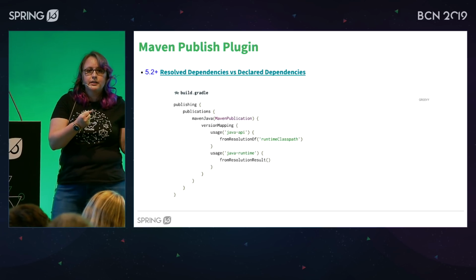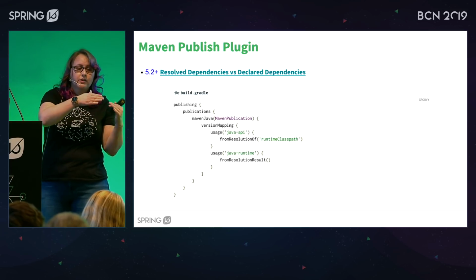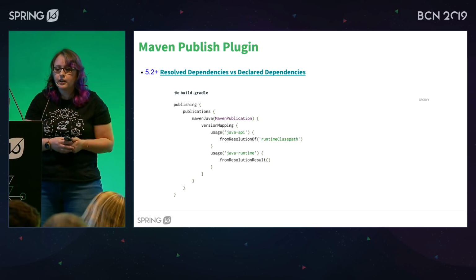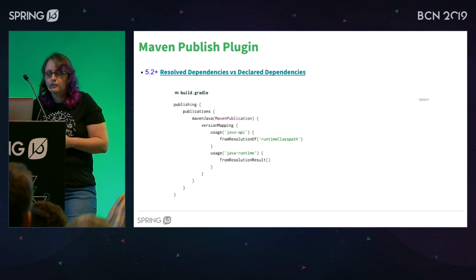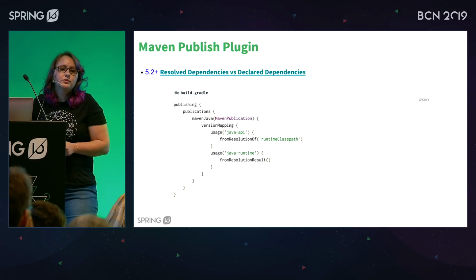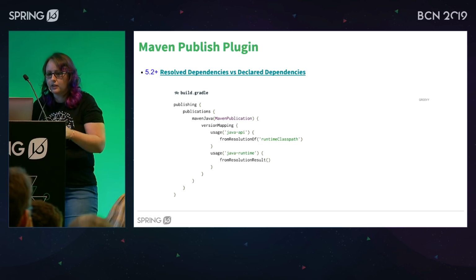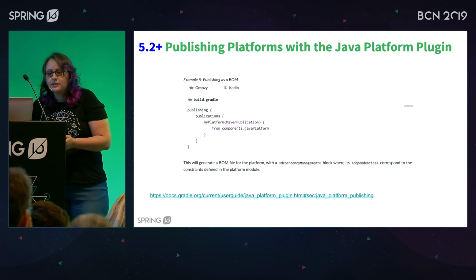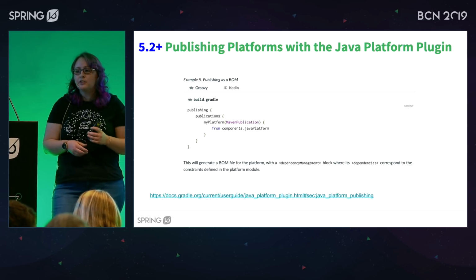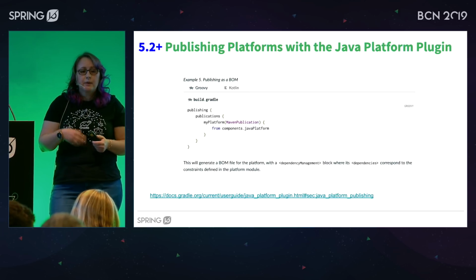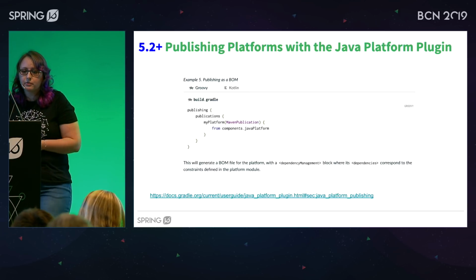So if you want to make sure that the same dependencies that were resolved, not necessarily the ones that were declared, because you've got all of these version conflicts that you're having to rectify, you can use this syntax to use what was actually resolved and make sure that you're using the same in both the Gradle projects and Maven projects. And that then goes even further into this new plugin, which is to publish Java platforms. Right now, this is about publishing Maven BOMs from Gradle itself, and it might be a useful feature for some of you.